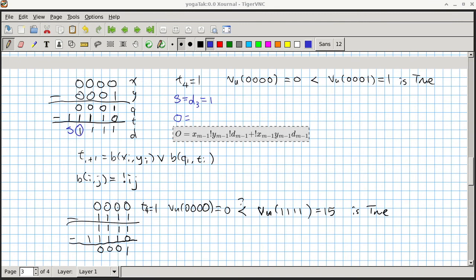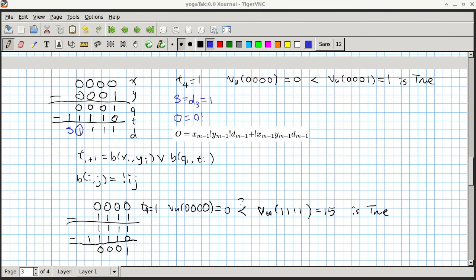Okay. So now that we can see how O is defined, what is x subscript m minus 1, which is the most significant bit of x? 0. 0. Okay, very good. So we have a 0, and what about y subscript m minus 1? It's also a 0, which is here.